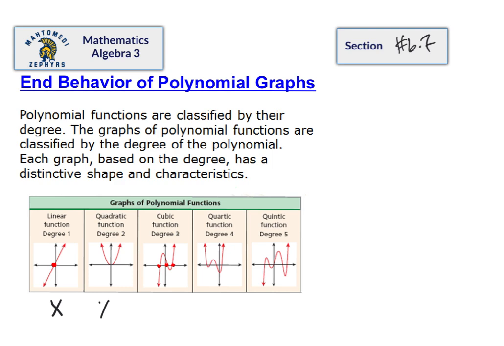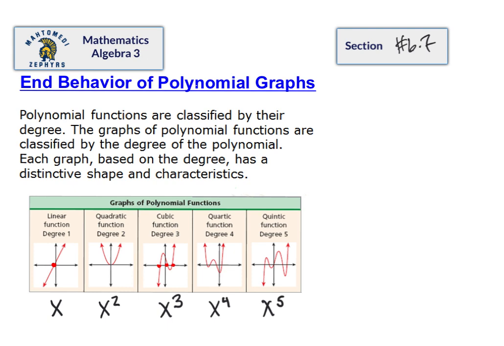A quadratic function, which has a degree of 2, would have an x squared in it. A cubic function, x to the third. Quartic function, x to the fourth. And a quintic function would be any function that has the highest power, x to the fifth.